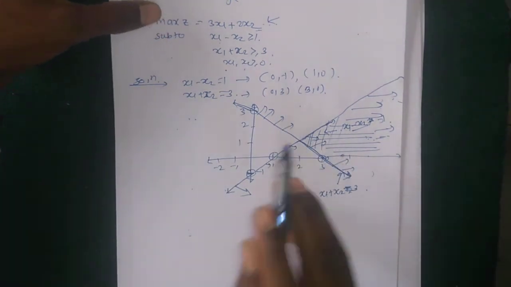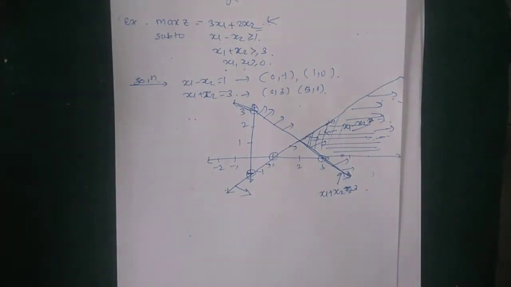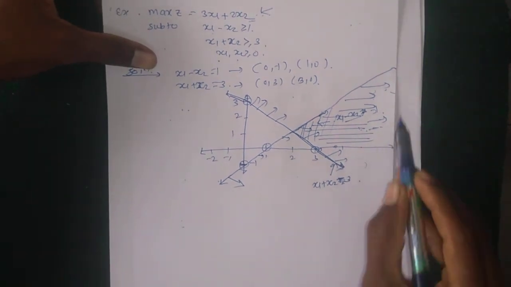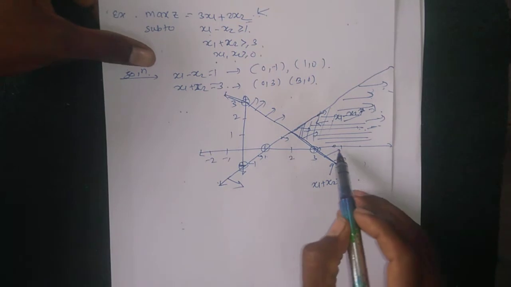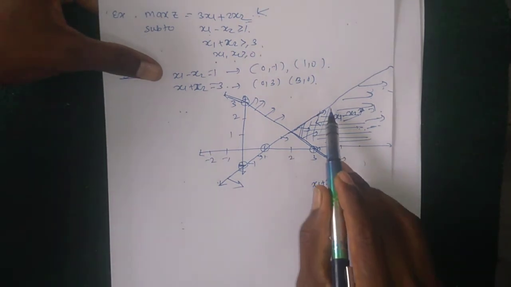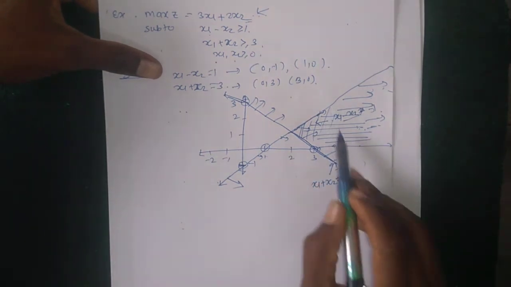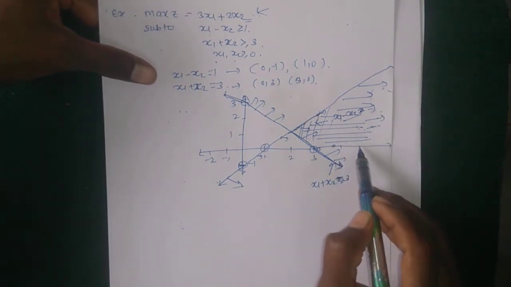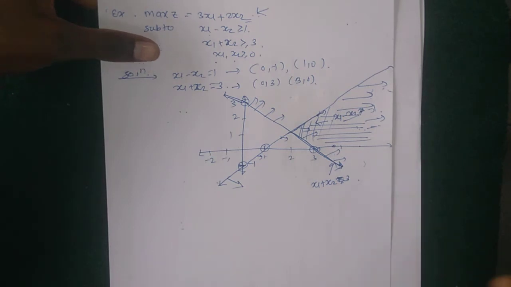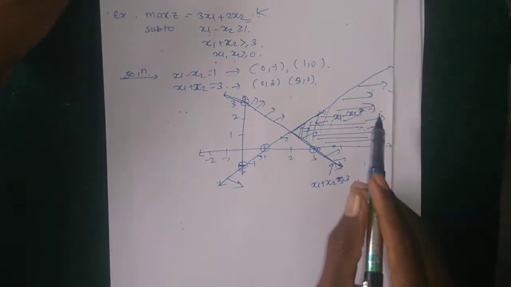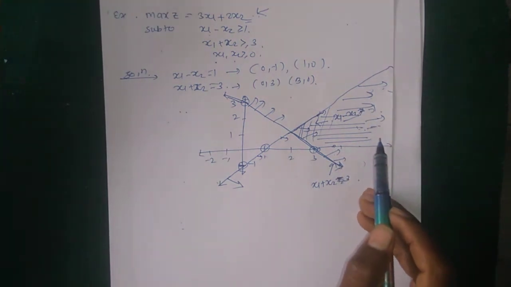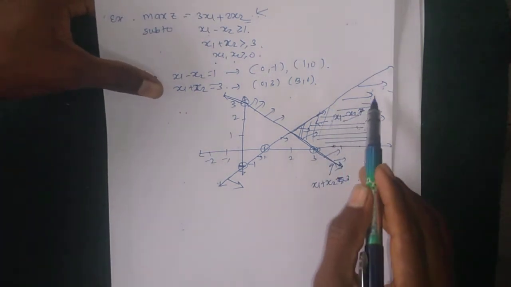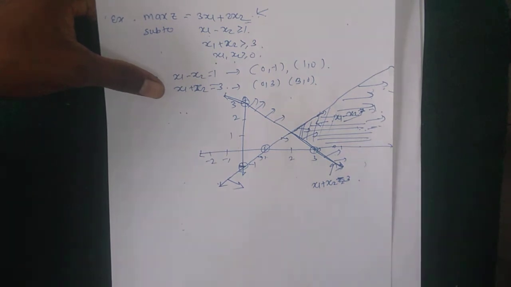Suppose x1 is equal to 4 and x2 is something like 4, then as we increase x1 and x2, the value must increase. Therefore the value at x1 and x2 cannot be found, it must be infinity. Okay, and therefore the given LPP has an unbounded solution.